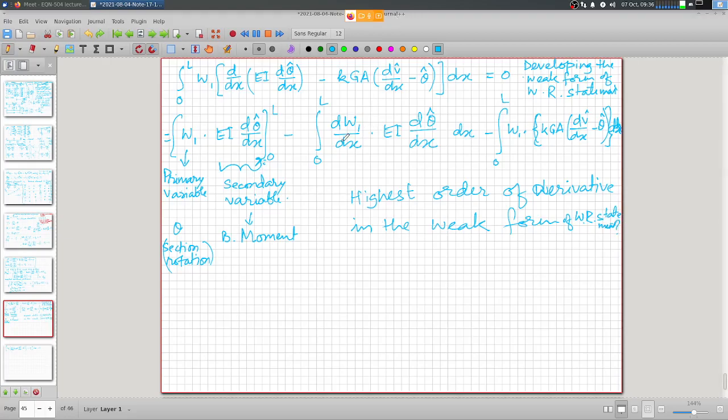All terms have differentials of the first order: dw by dx, d theta by dx, dv by dx. So the highest order of derivative on the primary variable, that is theta, and in all other terms, is 1, and therefore the first order derivative should exist.